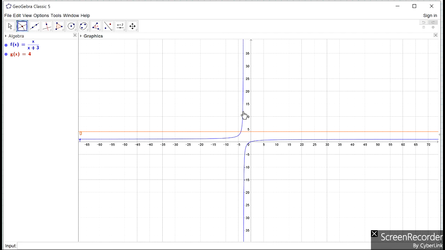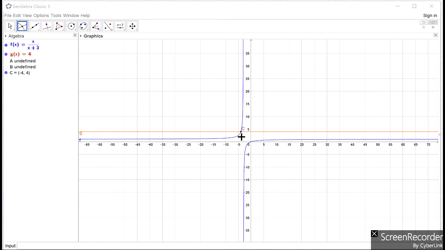So just select the blue curve and the red line consecutively. I think I misaligned a little bit, so it says undefined, but make sure you click on this line over here. There, I think now I actually got the line. And once you do so, you can see that we found the point is negative 4, 4 over here.